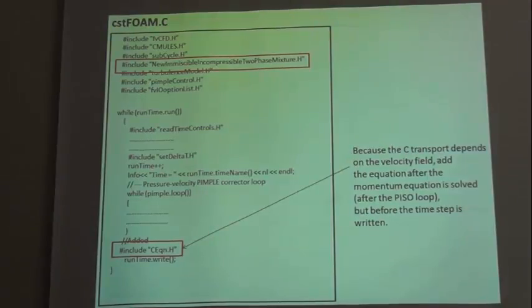I don't have much information on it, at least in this talk. Probably that's something I have to explore. And it uses the MULES method to calculate the alpha equation.